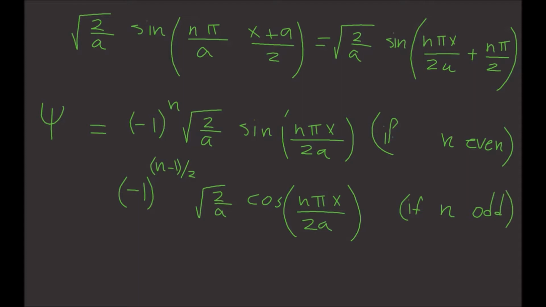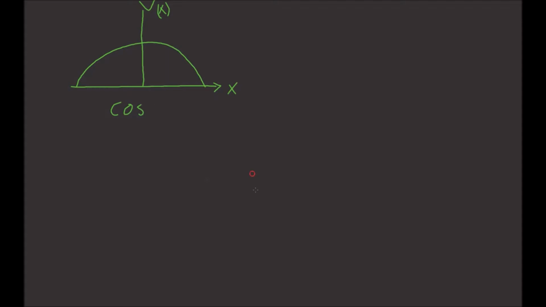There you have it. So this is the solution for the psi with the allowed energy in the previous slide. If we plot the solution, the psi, within the potential V of x, we get the first solution. This is n equals 1. It's a cosine function, so it looks like this. So this is the solution, cosine of n times pi times x divided by 2a. So this is n equals 1. So n equals 2.